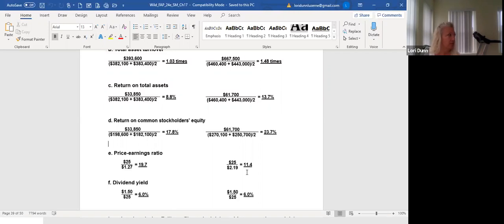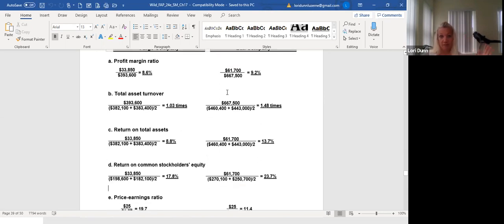So 6% is the actual cash return. Investors may be looking for an 8% cash return, or a 3%, so how you use it depends on your investment objective. We're just showing you here they're equal. They have the same dividend yield.